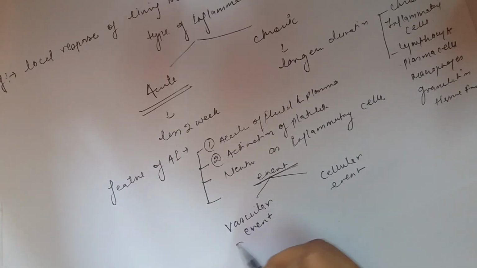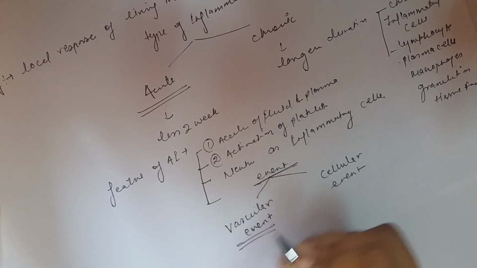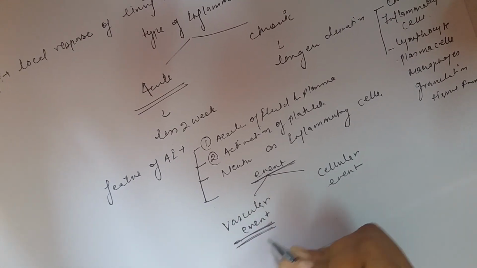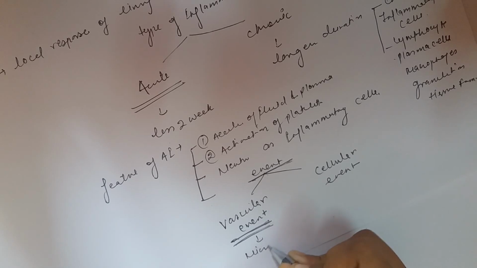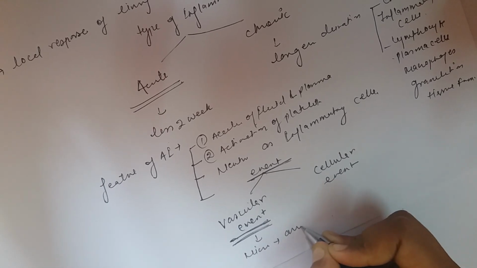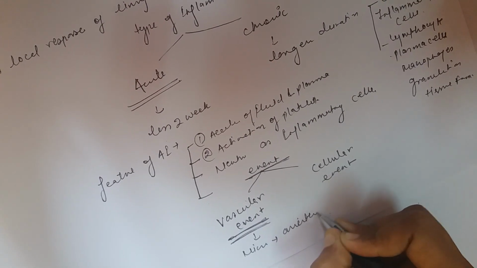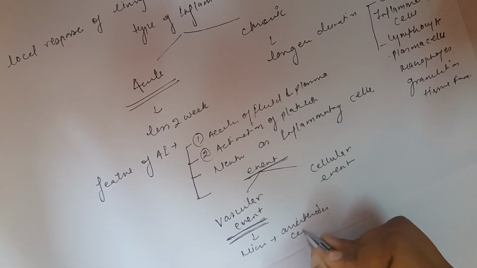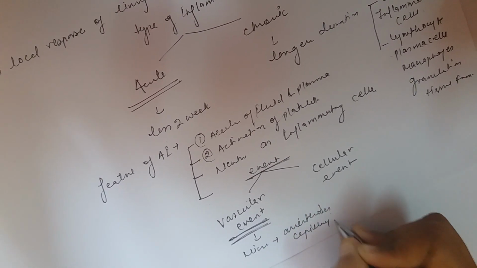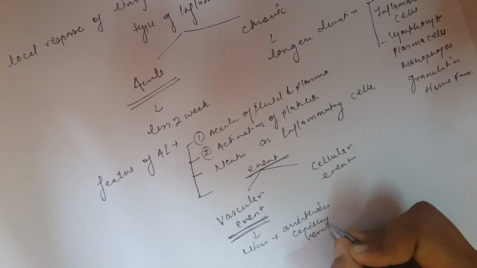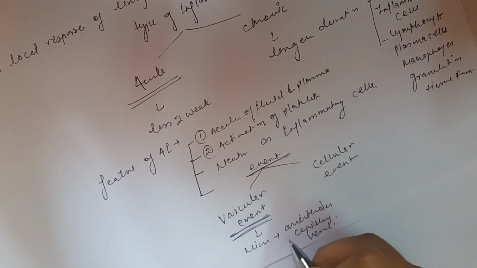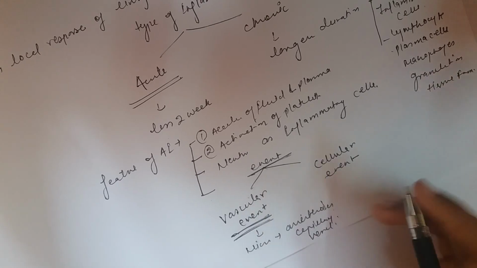In the vascular event, there is an alteration of the vessels of the microvasculature, meaning arterioles and capillary vessels.